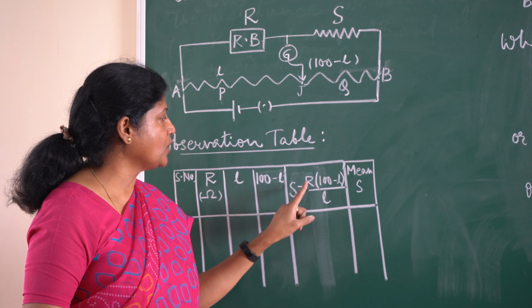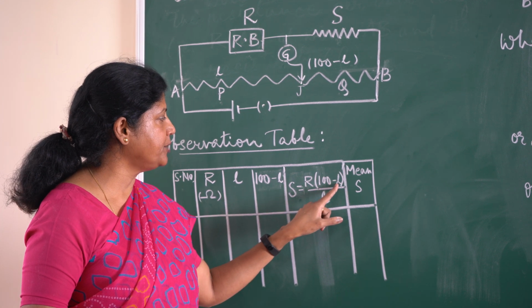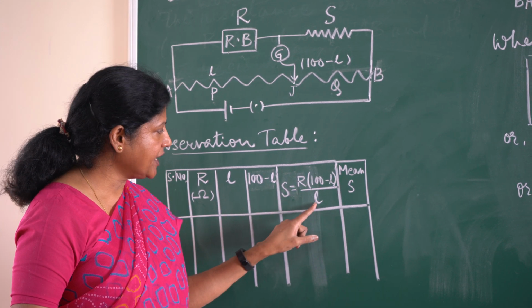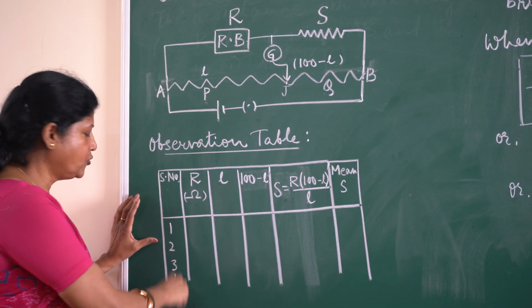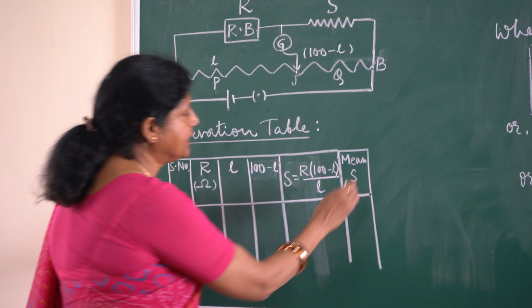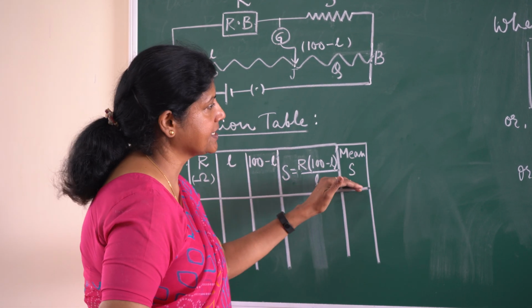S is equal to R into 100 minus L divided by L. Now, after taking 4 to 5 readings, we will take mean S.